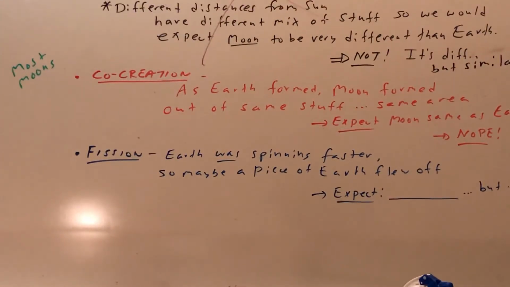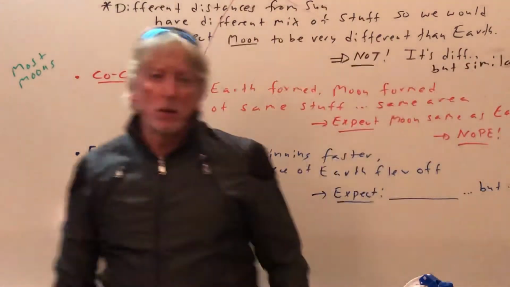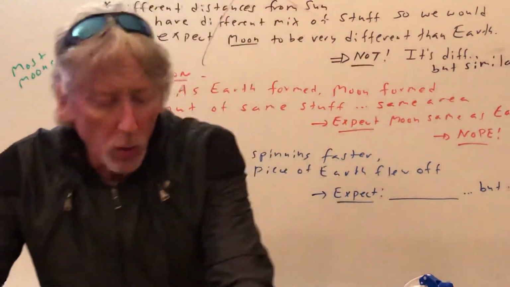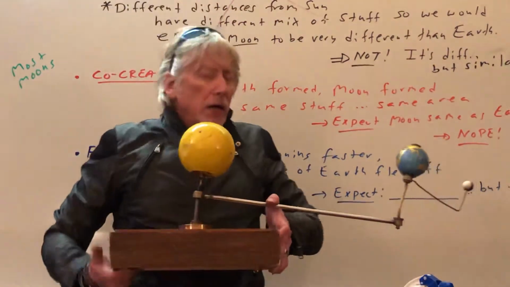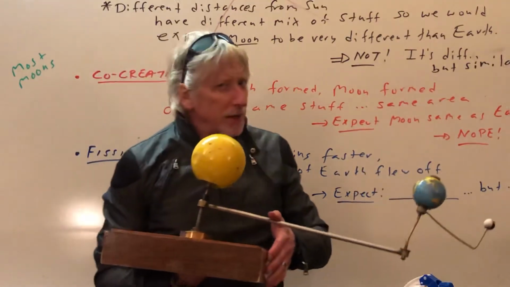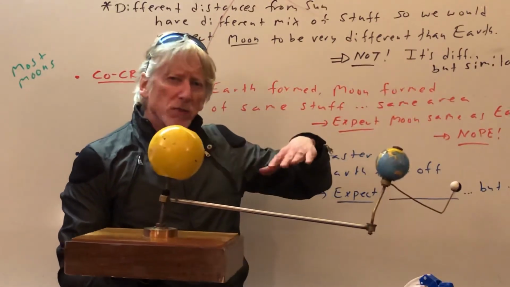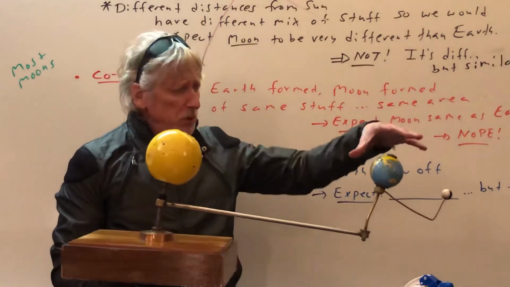You can pause this. As it turns out, most moons are formed in co-creation. And co-creation means that, as Earth is here orbiting the sun, and we'll talk about this again, leading right into chapter 7, you know how I do it, the whole solar system formed at the same time, 4.6 billion years ago.